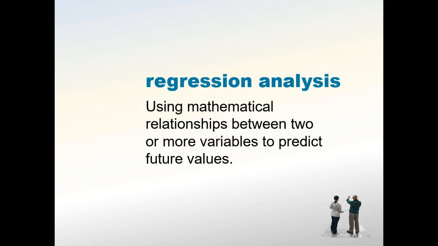This type of influence was suggested earlier by figure 4.2, in which the amount of time that lapses between the onset of a patient's symptoms and the injection of a drug appears strongly related to the amount of time the patient must wait for relief from the symptoms. So regression analysis involves using mathematical relationships between two or more variables to predict future values.